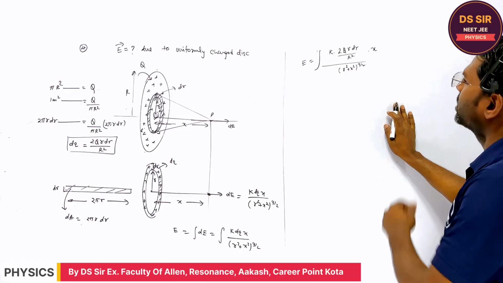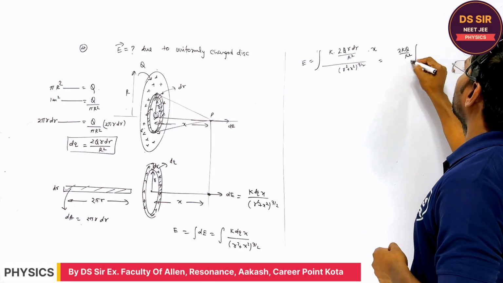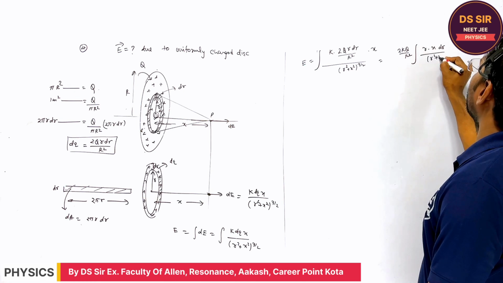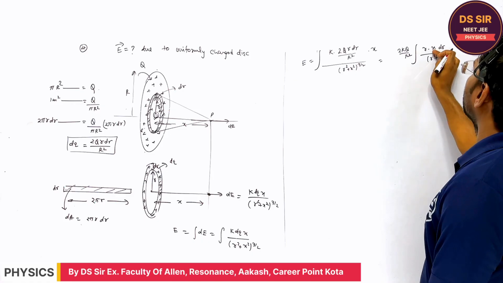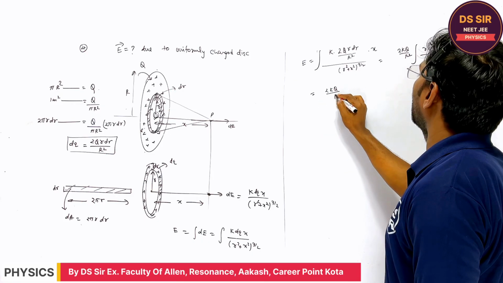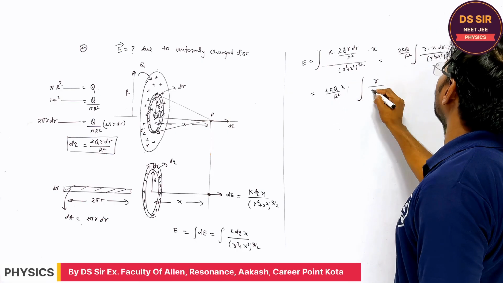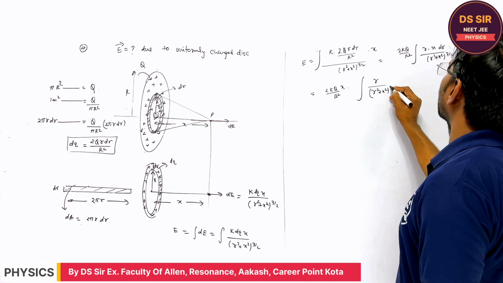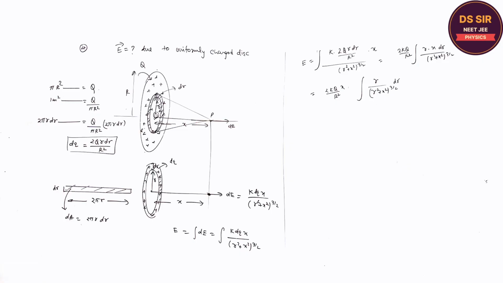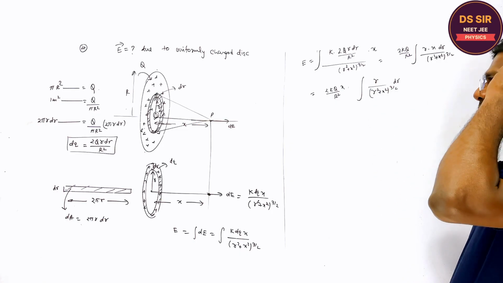I think you are getting this. So 2kq upon r square into r into x into dr upon (r square plus x square) raised to the power 3 by 2. The x will also come outside. Is it clear or not, Yuta? Now x is constant first of all, only r is variable.